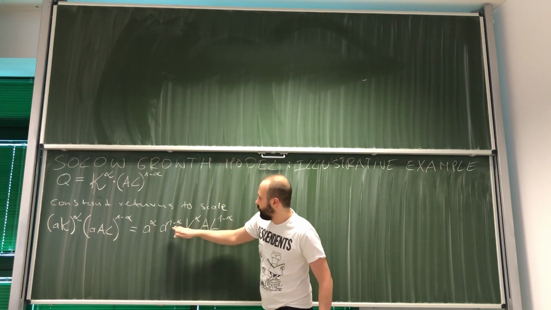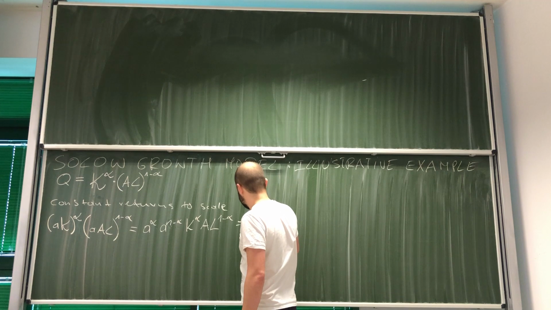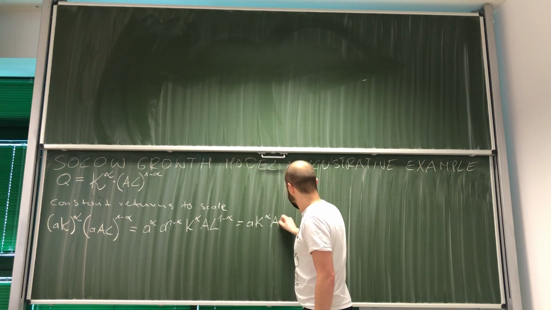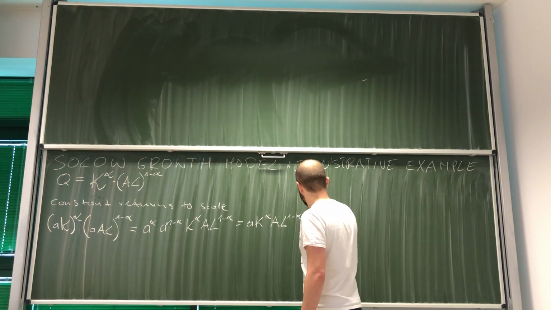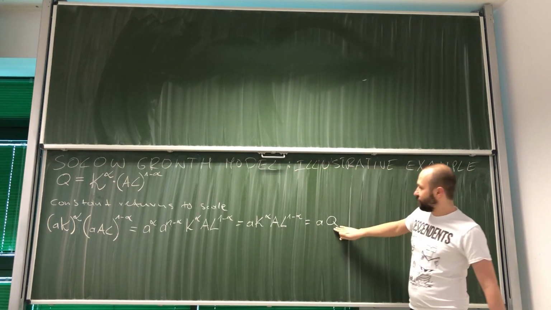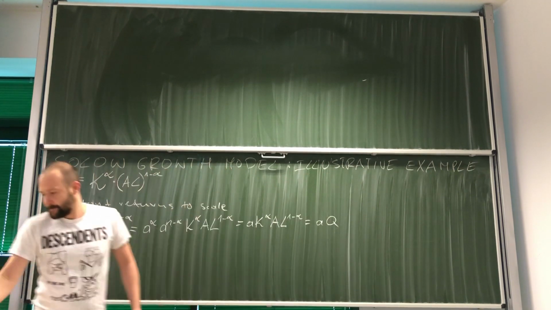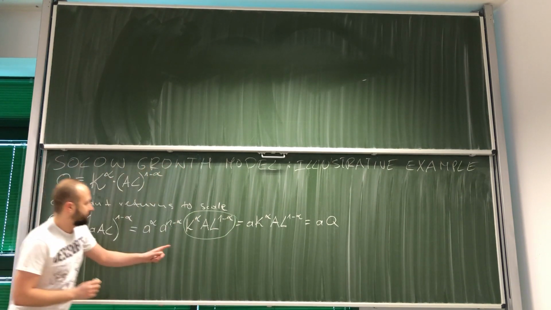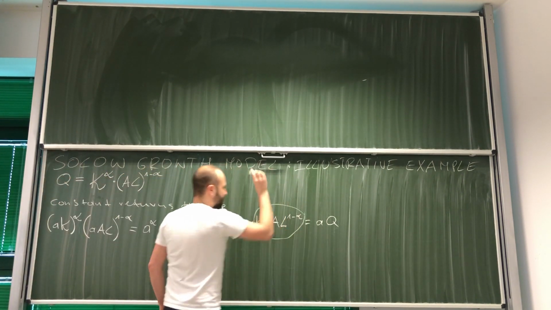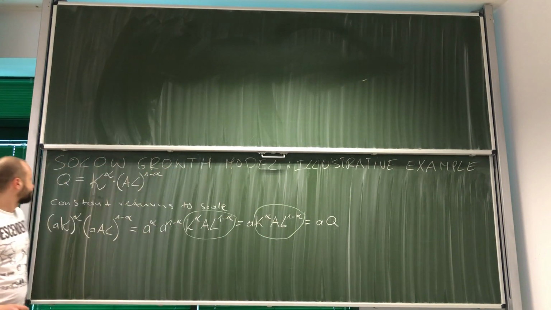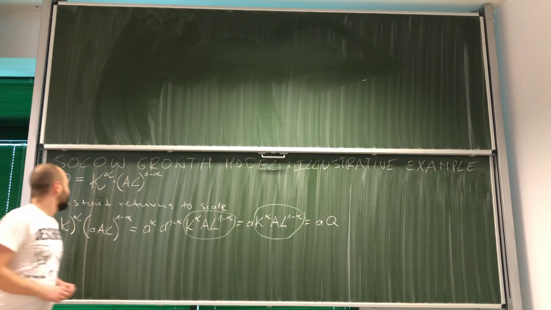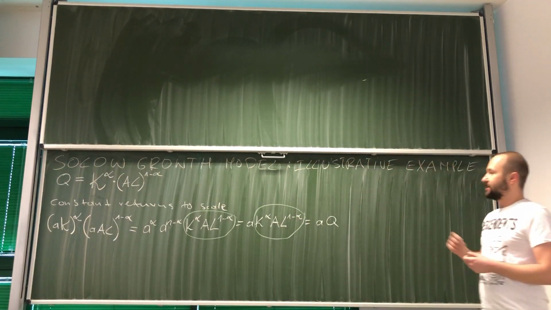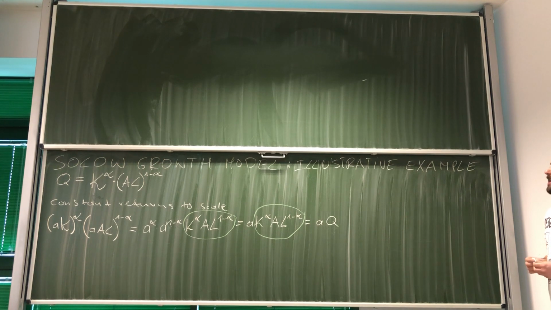This gives us A, and of course this expression is equal to Q. So we know that this function exhibits constant returns to scale. We've done it very many times before.